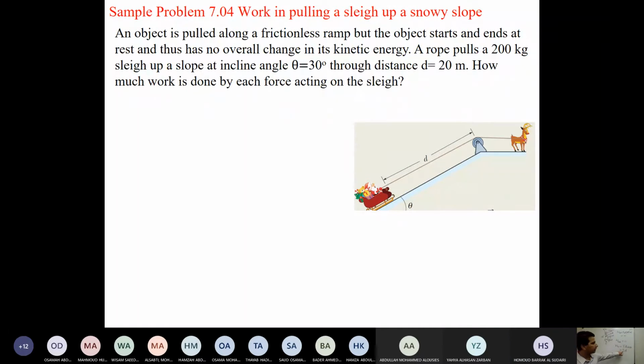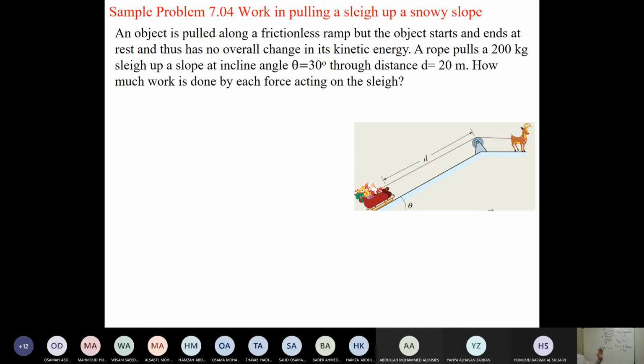One approach is to determine T and look for the work done by the T. It's a little bit lengthy, but I can tell you how it needs to be done. Resolving the forces, T is upward, minus mg sine theta is downward, and the object is supposed to be accelerated by some amount.